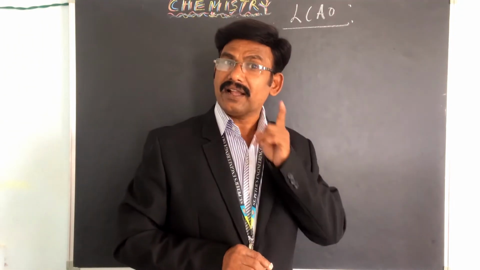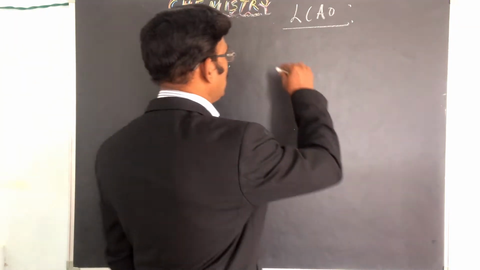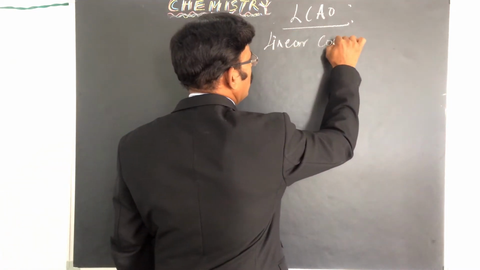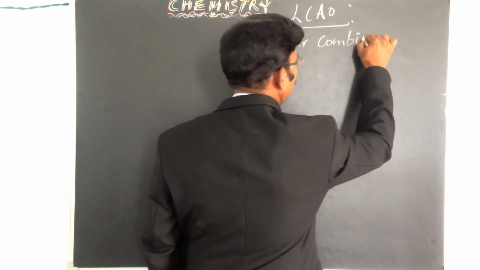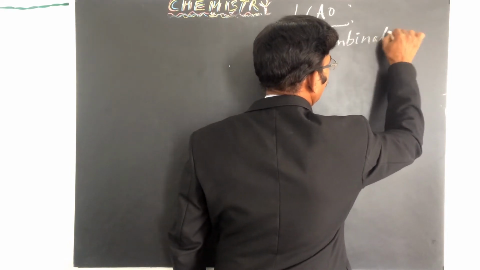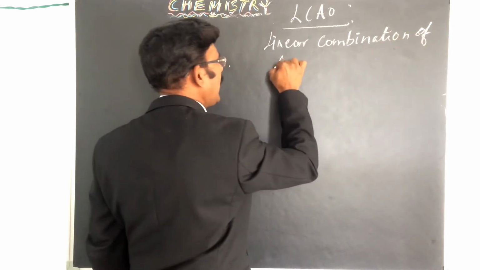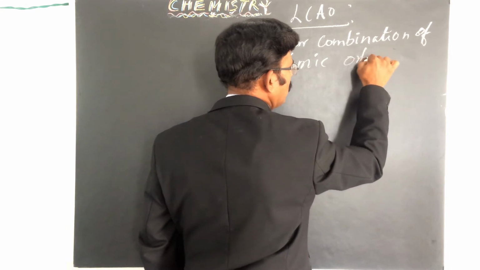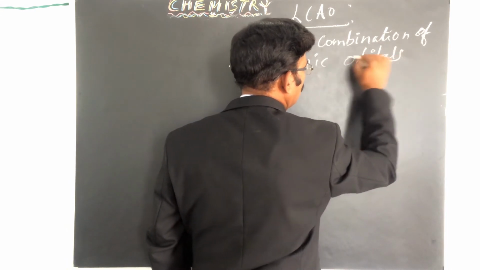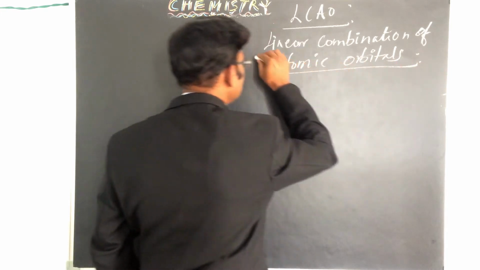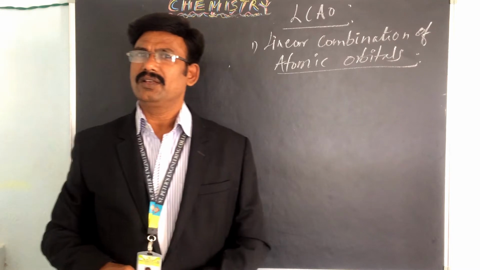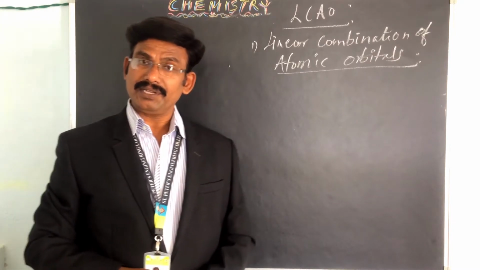LCAO is a linear combination of atomic orbitals. So this is the topic we are going to discuss. Linear combination of atomic orbitals.